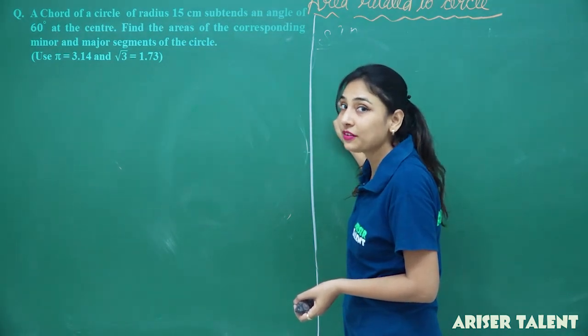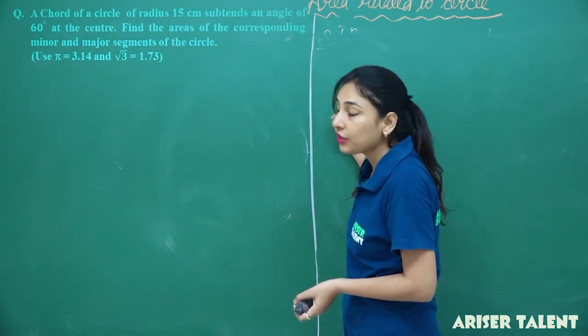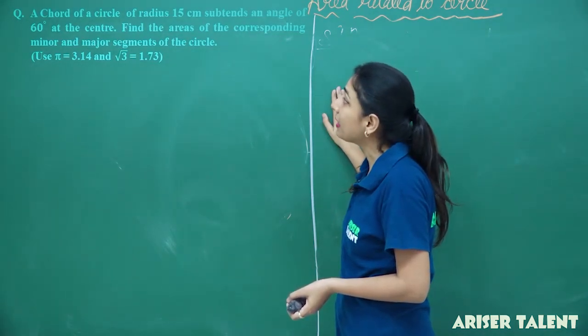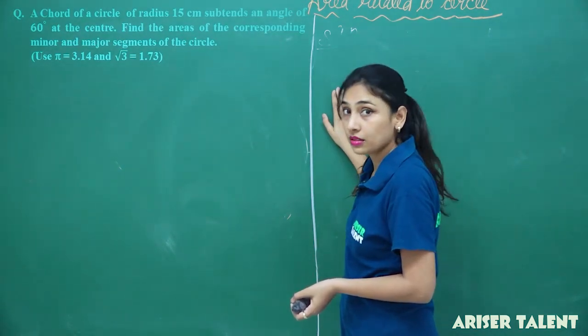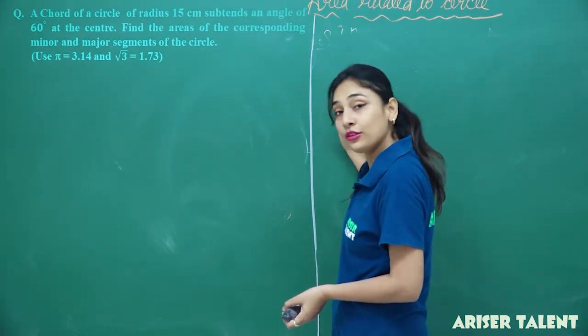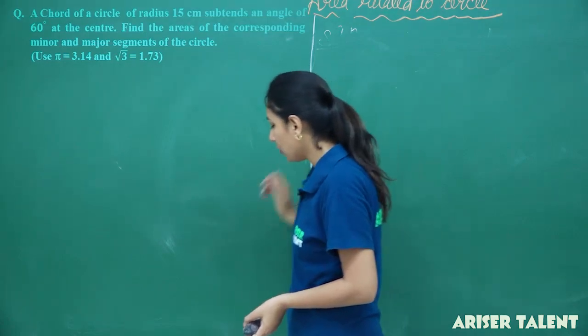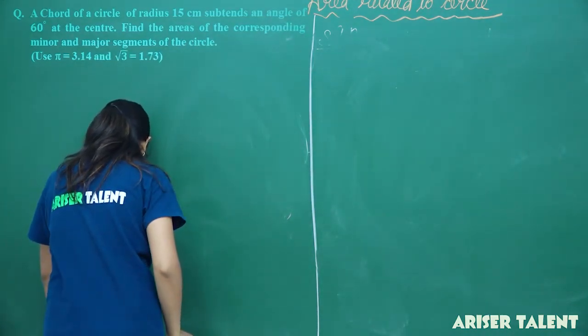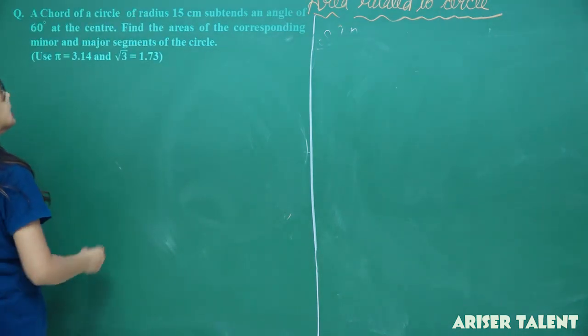Okay, so here you are given a chord, and you have to find the areas of the major and minor segments of that circle. So again we have a different question on segments. Okay, so we will see how much we can recall from our learnings.